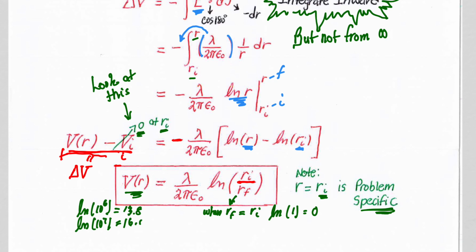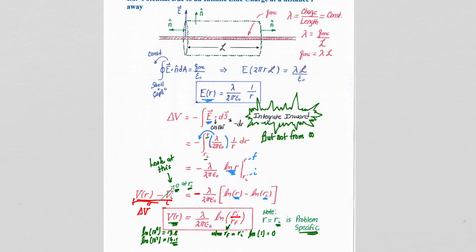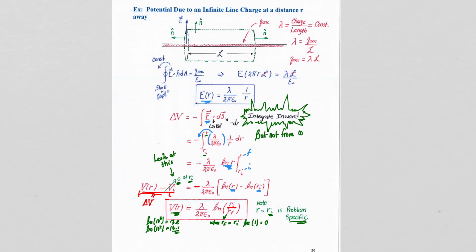So 13.8 and 16.1 is actually getting bigger. It's not going to 0. So it's a little goofy in terms of thinking about functions, where normally our intuition might be that everything should go to 0 at infinity, but the natural log function does not. And this will make more sense as we go along and look at problems and solve them numerically.